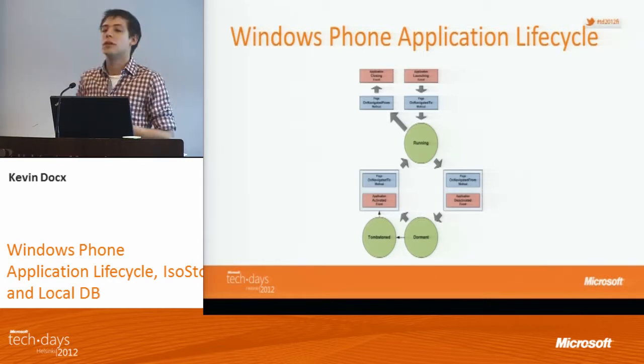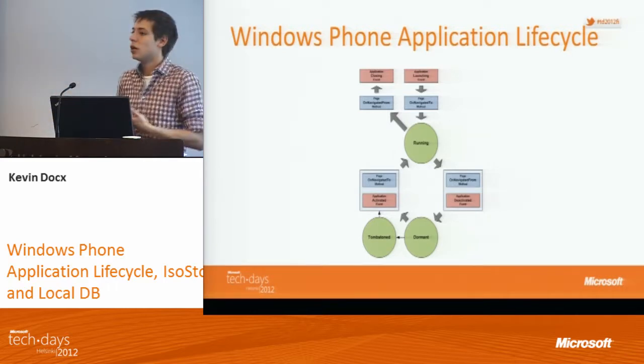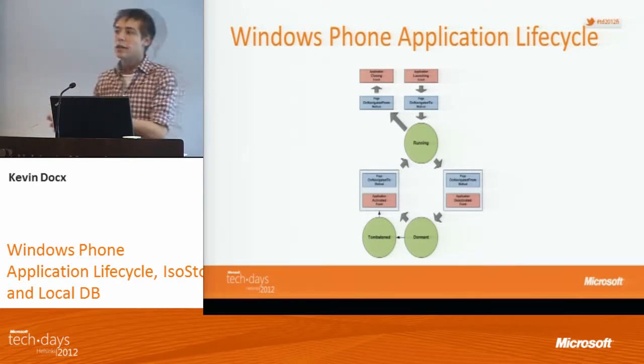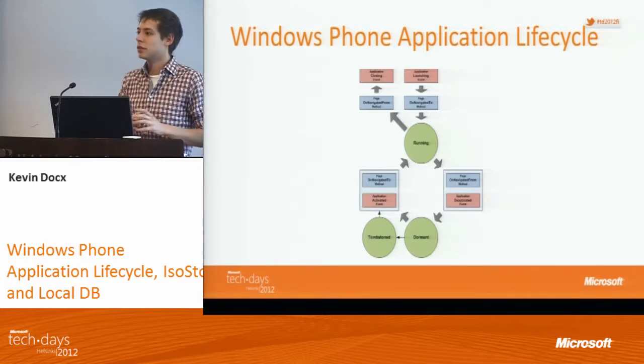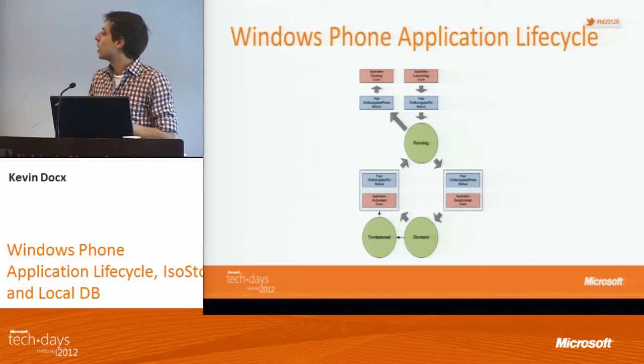The problem is you don't have control over this. Your application is put into dormant state, but once the operating system thinks it needs more memory, or the user launches a few more applications, your application goes from dormant state to tombstone state automatically. You cannot control that. That actually happens automatically.